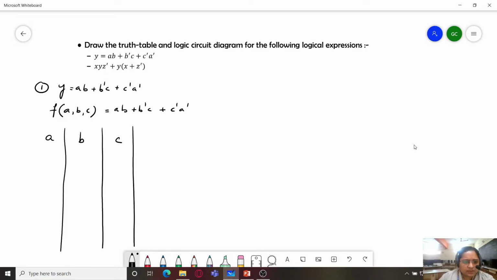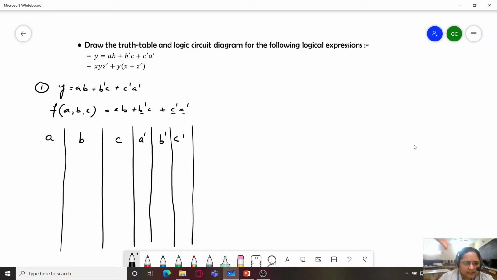After this, we need to derive B dash, C dash, A dash, that is complements of all the three. So we can write it like this: A dash, B dash, C dash, one after the other, because we would be needing their complements in the rest of the steps. Next, we'll write AB, then we'll write B dash C, then we'll write C dash A dash.